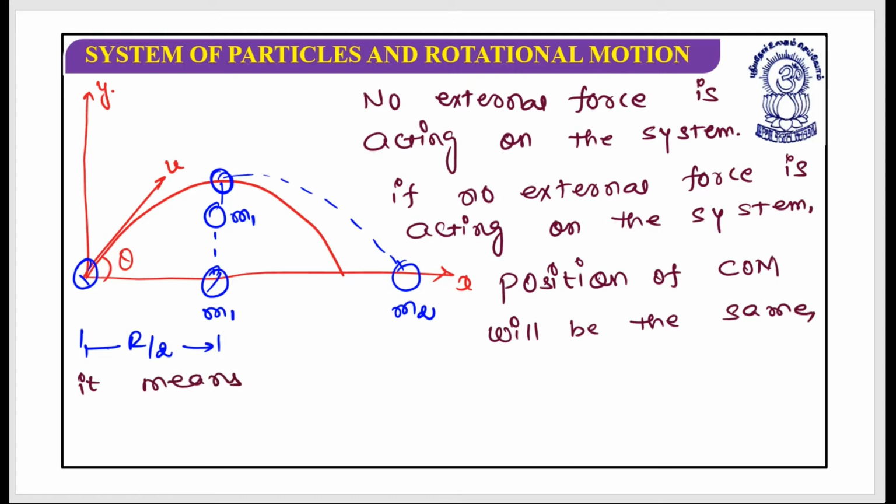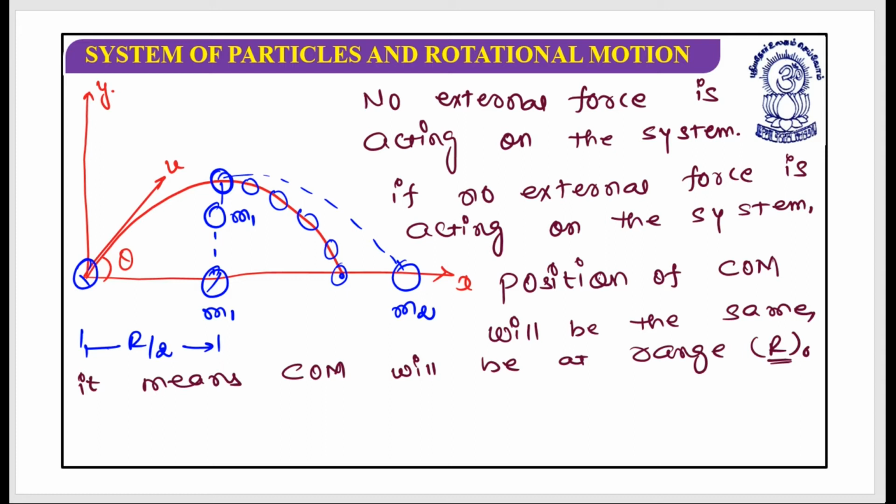It means the center of mass will be at range. If no explosion were there, let's suppose the bomb has been thrown and is not going to explode, then it would move like this and land over here. So this would be the position of the center of mass if it had not exploded.